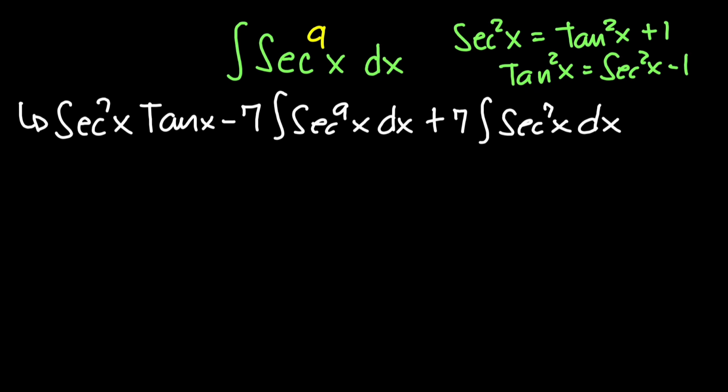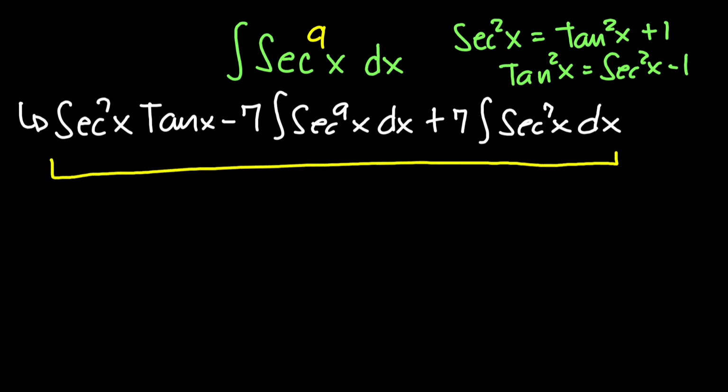And if you had reached this stage, now you can see here that we have an integral of secant to the power 9 of x, which is actually our original problem. So we would need to get rid of that. And what we had recalled in here is that the integral of secant to the power 9 of x of dx is actually equal to this one. We had just modified its function.